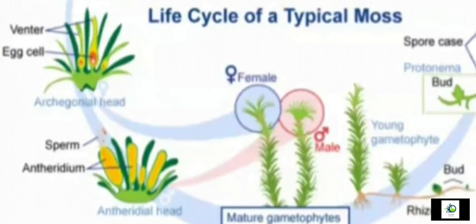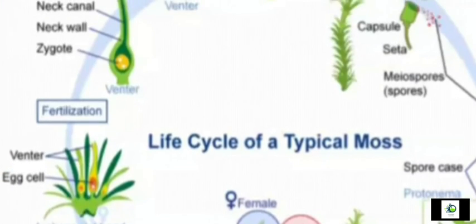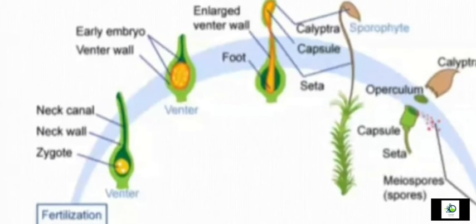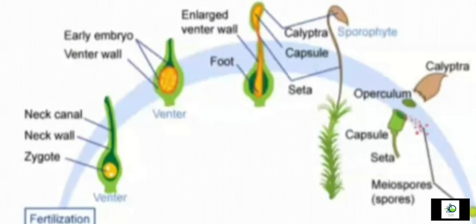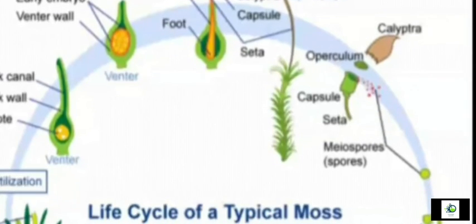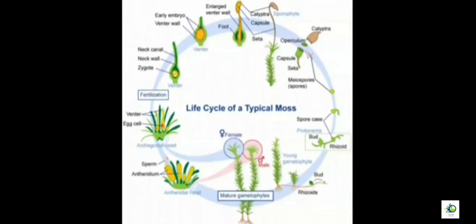After the antheridium, the zygote forms when the sperm and egg combine. Then the early embryo forms, then the foot and seta form, and finally the sporophyte forms. From this sporophyte, the meiospores or haploid spores come out, and the life cycle goes on again.